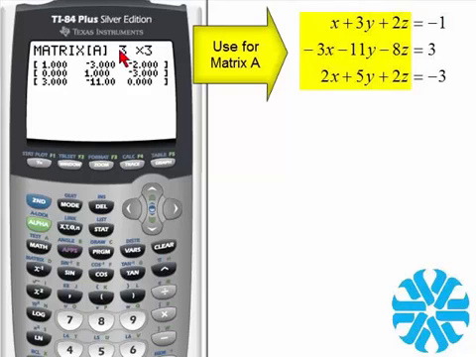Now the dimension's okay, 3 rows by 3 columns, because what we're going to do is enter the coefficients of the variable terms here.